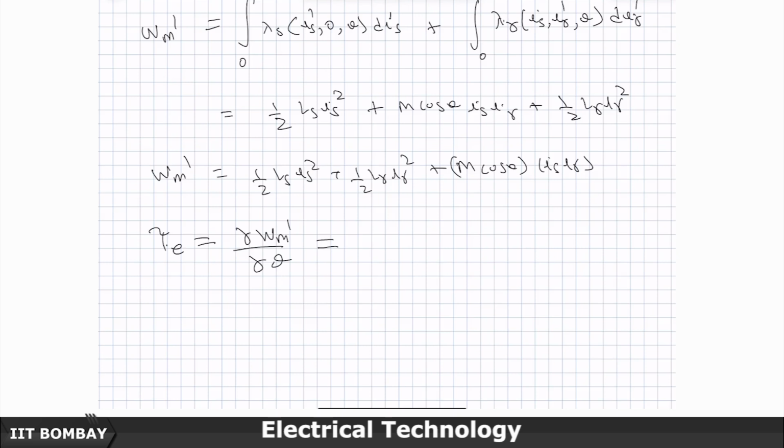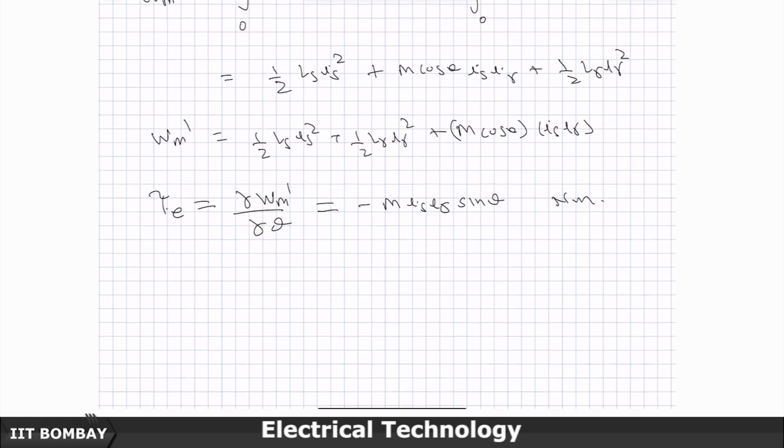So, when I take the partial derivative with respect to theta, the first term will not contribute anything, the second term will not contribute anything, only the third term will contribute, and this will turn out to be M IS IR times the derivative of cos theta with respect to theta, which is minus sin theta. So, therefore, this torque will be so many Newton meters in SI unit.